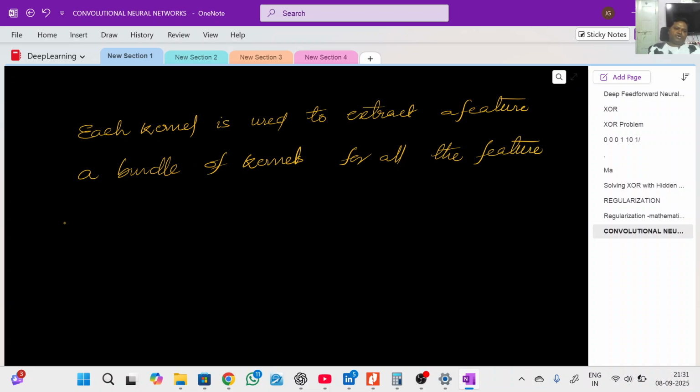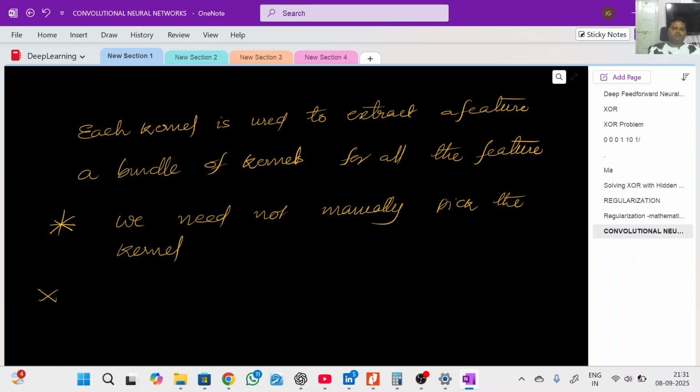And good news is that we need not manually pick the kernels. CNN will learn the best kernels.